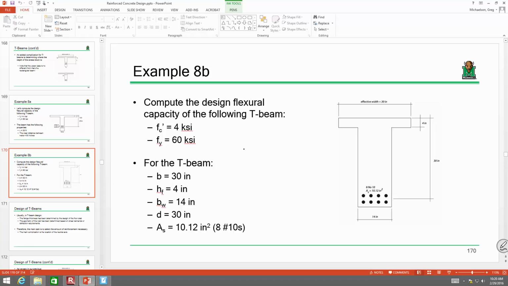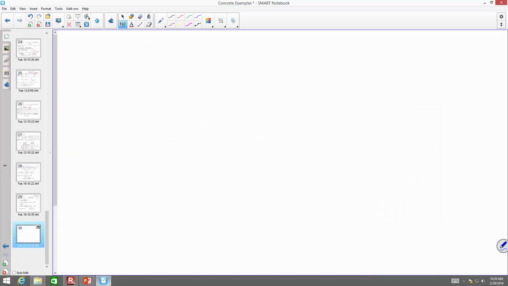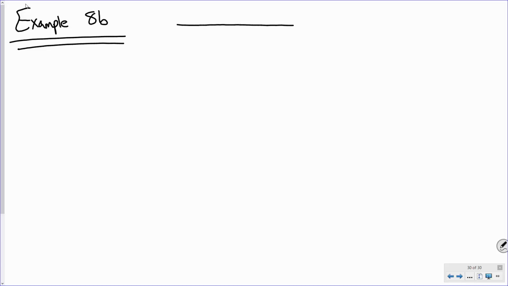All right? So example 8b. To start off, we can start drawing in some of these dimensions.